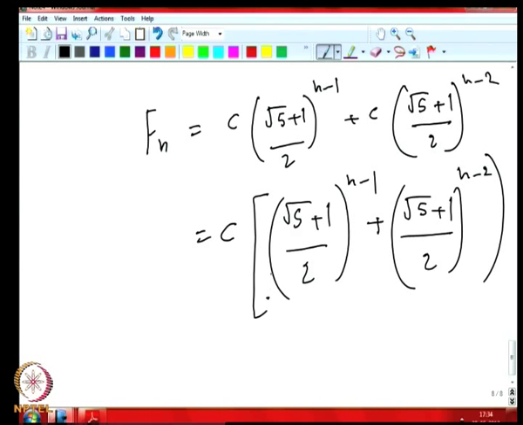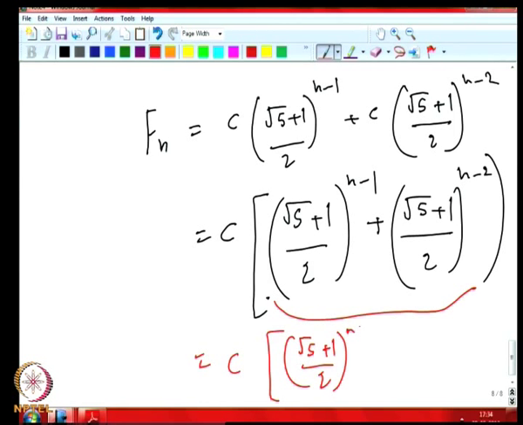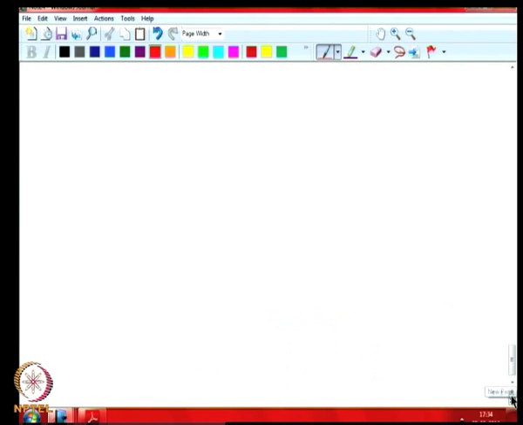But we have already seen that these two add up to q to the power n, because q to the power n is equal to q to the power n minus 1 plus q to the power n minus 2. So, when you put q equal to this value, we will get this as c into (root 5 plus 1) by 2 whole power n, that is true. So, the c also comes. So, if we had defined Fn as c times some constant times this (root 5 plus 1) by 2 whole power n also, that recurrence relation is indeed satisfied.